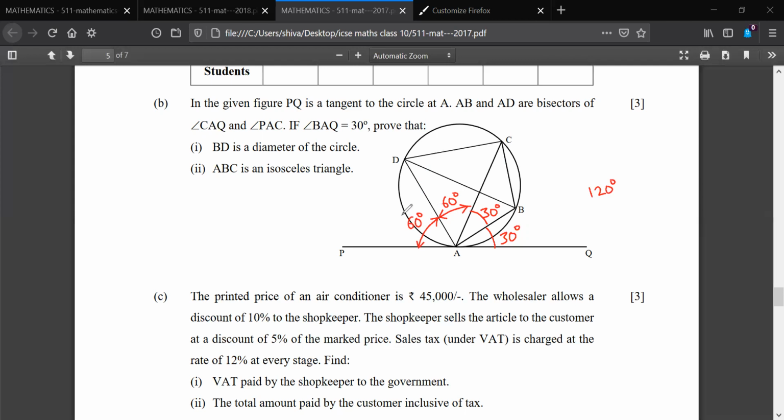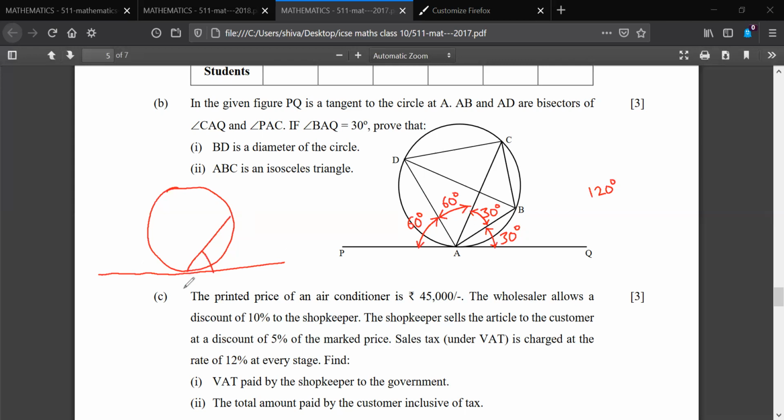Okay. Now I need to prove. So this is where I have reached. Now I know that there is a theorem which says that, Mr. Rudra, you should be very clear about this theorem because it's a very powerful theorem.